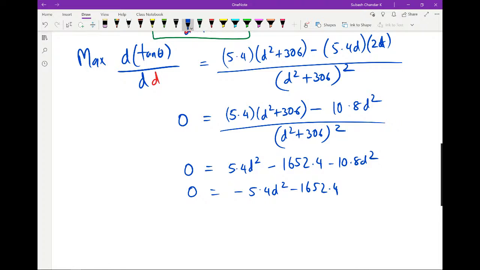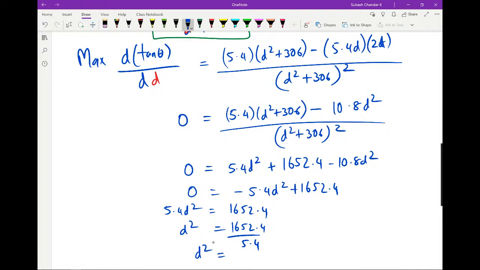And we're nearly there, folks. So rearranging this, something's not right here. Where am I getting minus? That should be plus. So 5.4 d squared is equal to 1652.4, and d squared is equal to 1652.4 divided by 5.4.